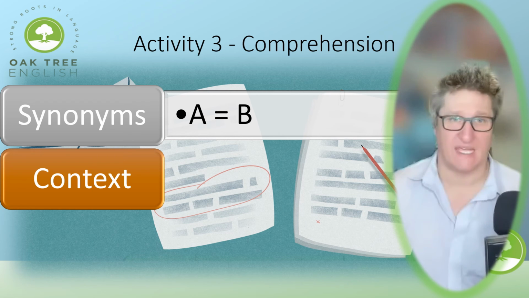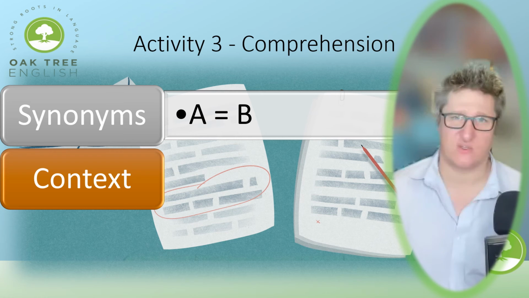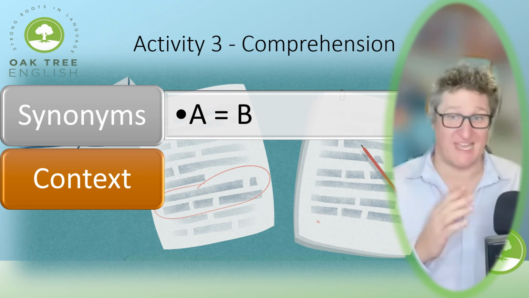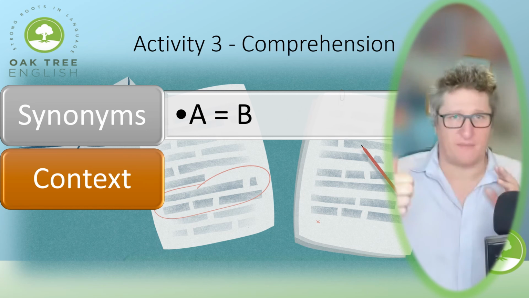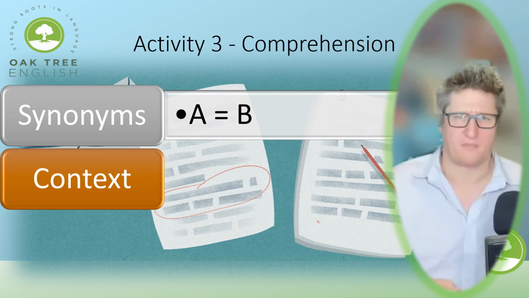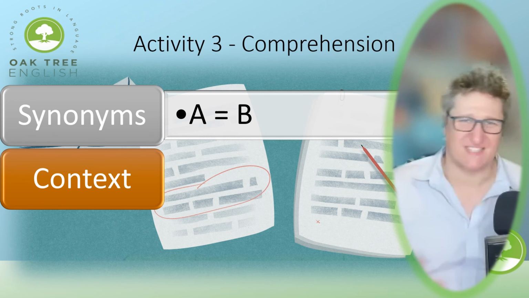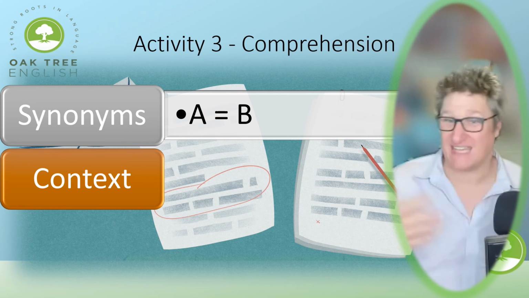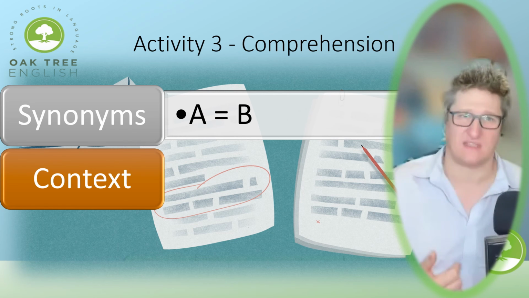For example, in the community sample paper, there's a question which asks you to choose a synonym for the word creation from development, growth, assembly, or invention. In various contexts, creation could be used to mean any of these things and a plethora of other things.